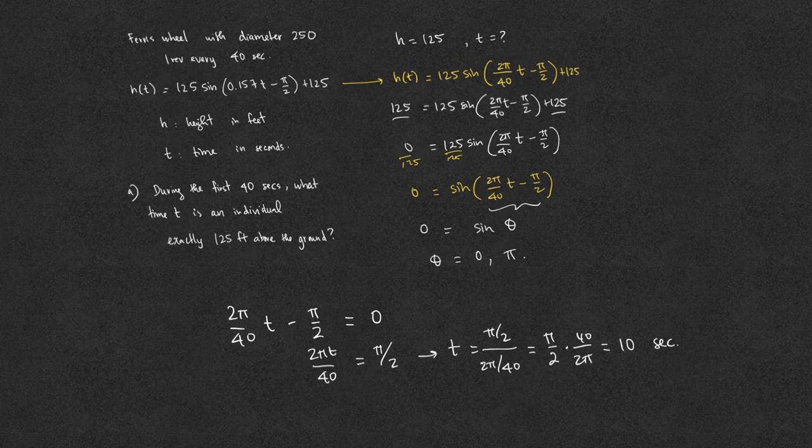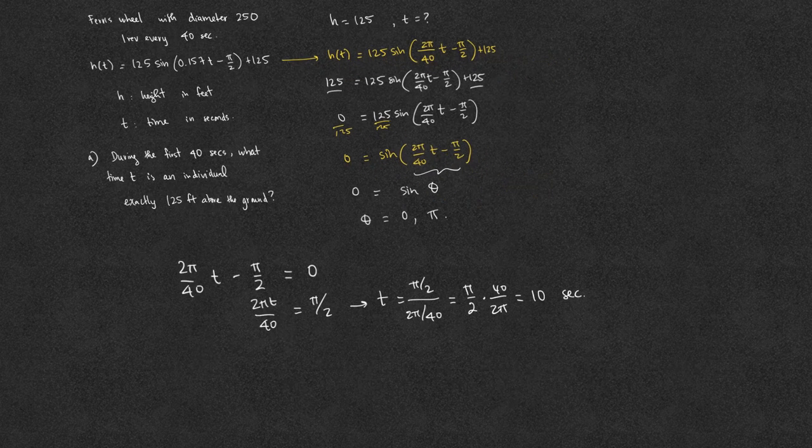There is another time where this person reaches 125 because it is a Ferris wheel. If this is after 10 seconds and the wheel rotates every 40 seconds, then the time has to be 30 seconds.